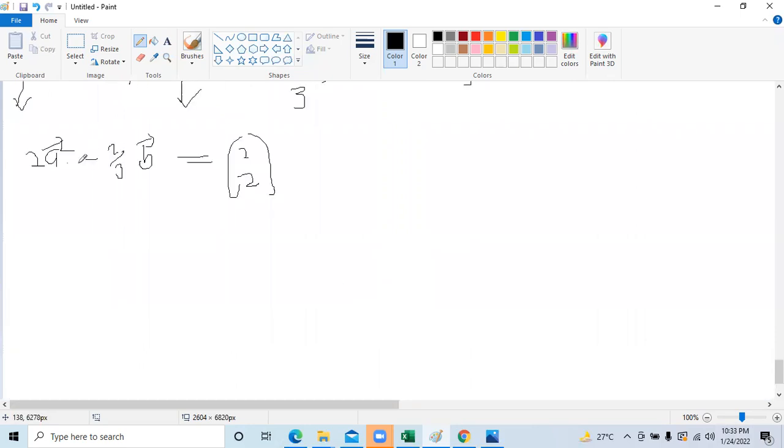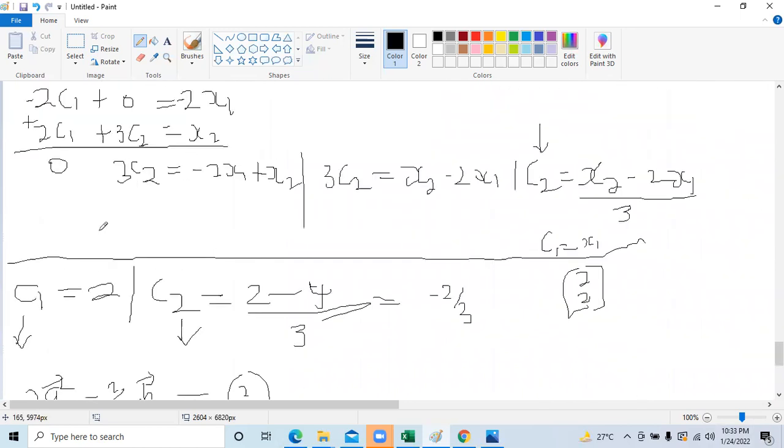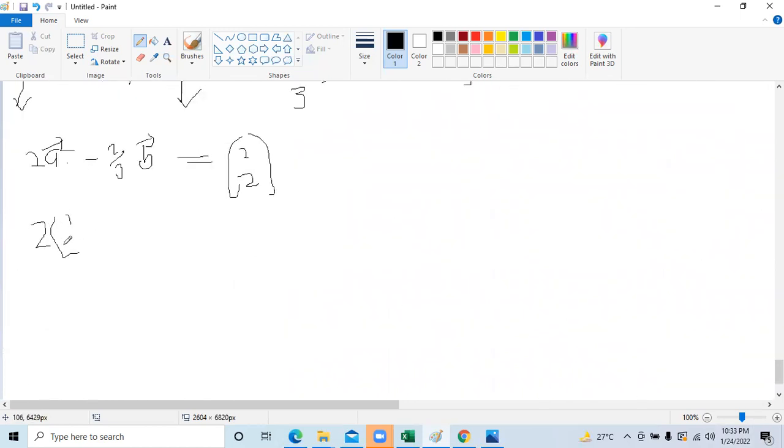So let me prove that to you now. 2 times A, and vector A is 1, 2, minus 2 over 3 times B, and vector B is 0, 3. 2 times 1 is 2. 2 times 2 is 4.